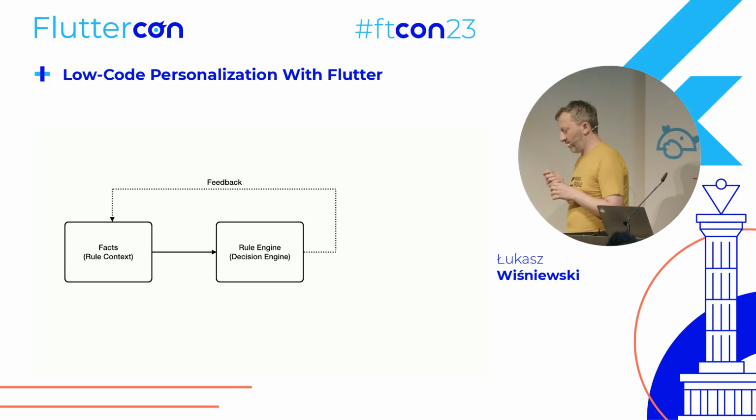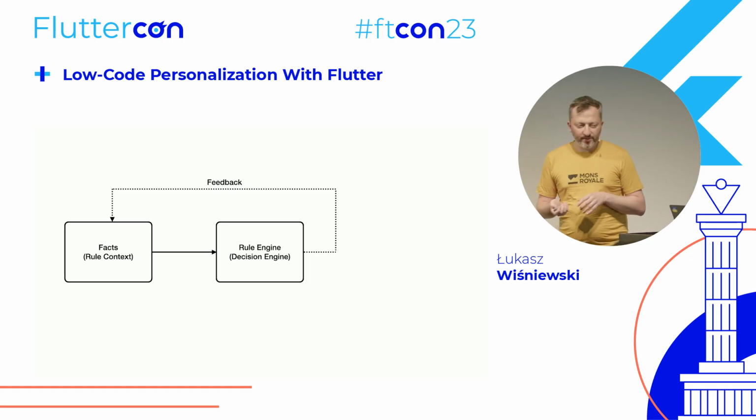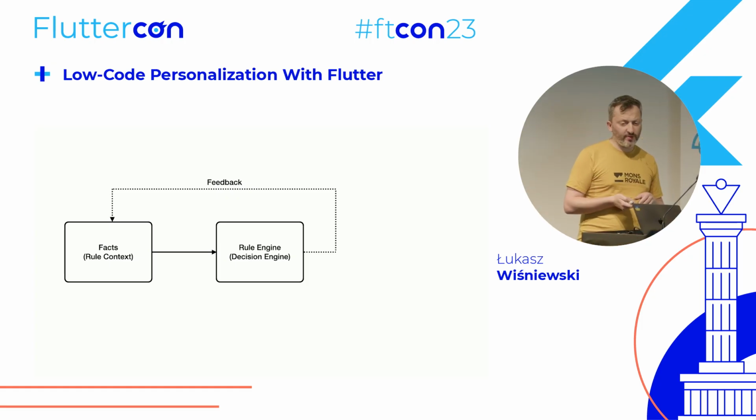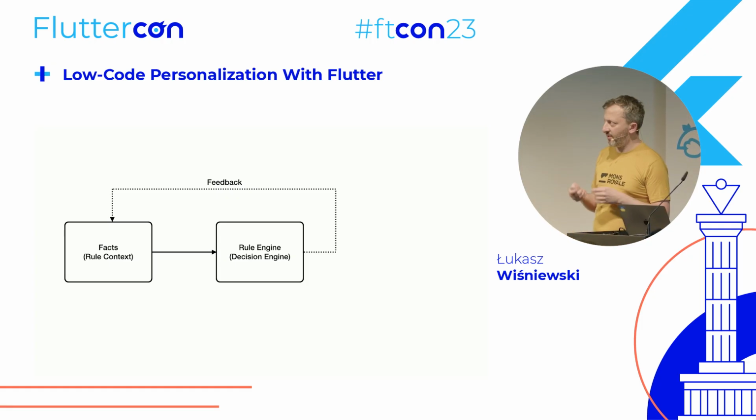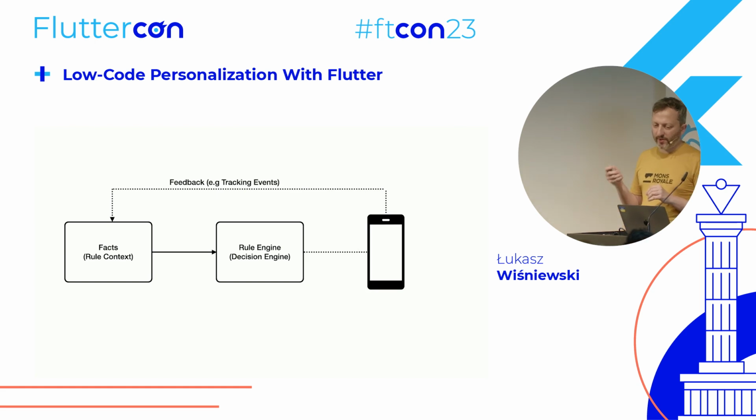Now, let's take a look at the feedback. Feedback is not actually easy with expressions because it prevents you from manipulating your facts directly. But you can work around it by just imagining the user interacts with your app.